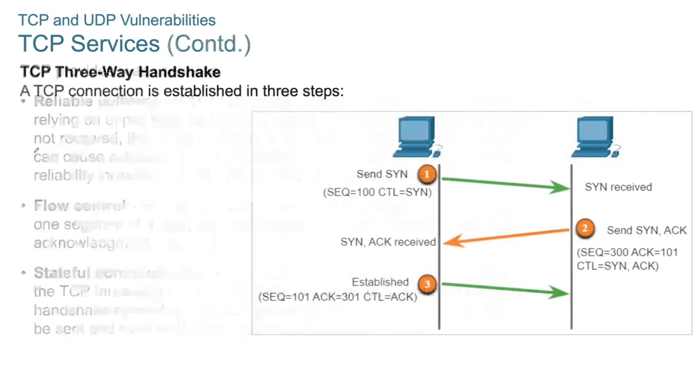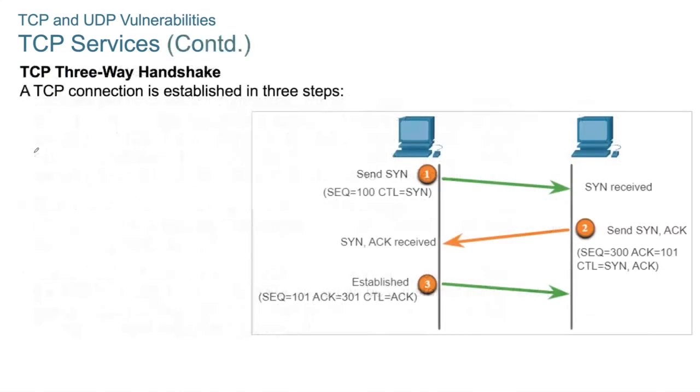So that is a stateful connection. If you see in this example, in the three-way handshaking, which we already discussed, a TCP connection is established first. The client initiates the request, a client-to-server communication session with the server, and sends a synchronization packet with the sequence number.